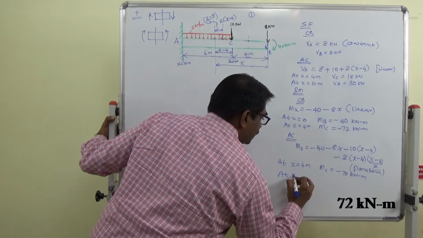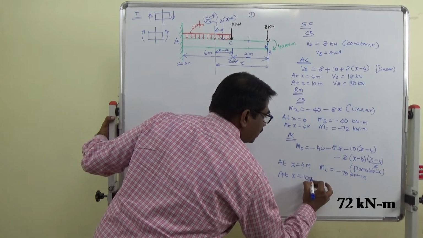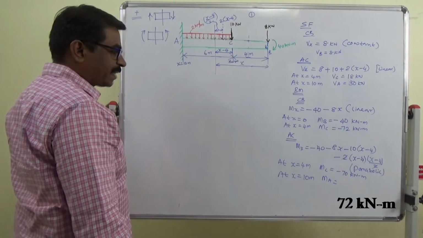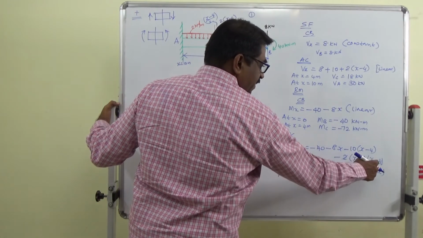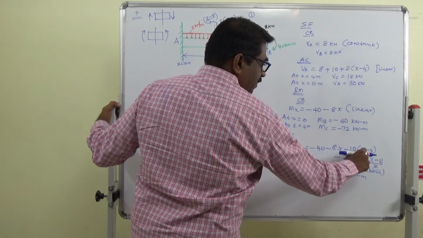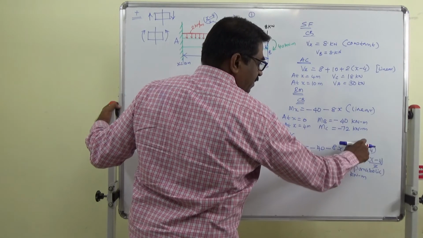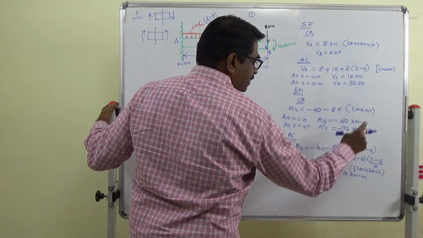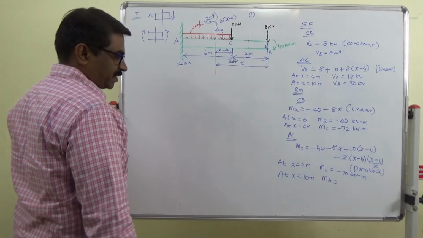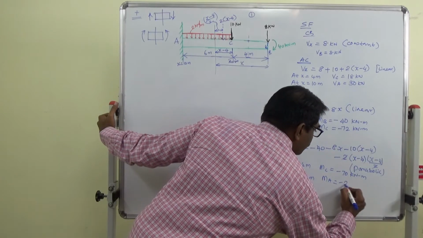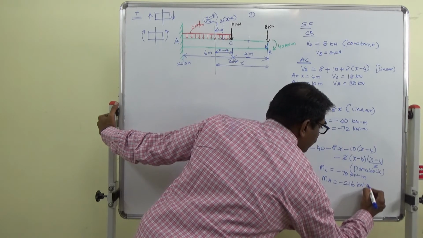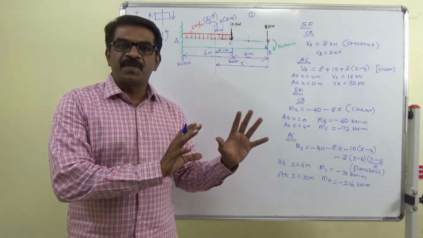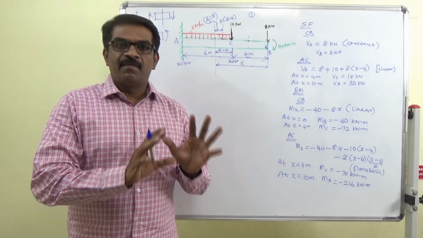At x equal to 10 meter, I am at A, substitute for x, 36, 6 into 10, 60, 10 into 8, 80, 40, 80, 60 and 36. It's going to be minus 116 kilonewton meter. So we have obtained all the shear force and bending moment values.